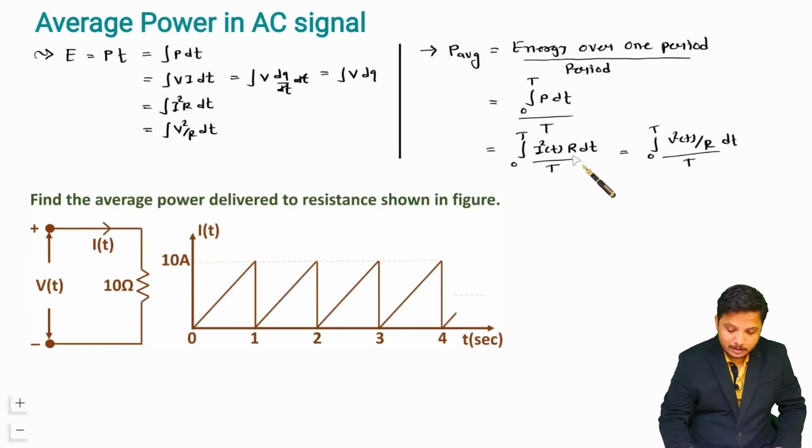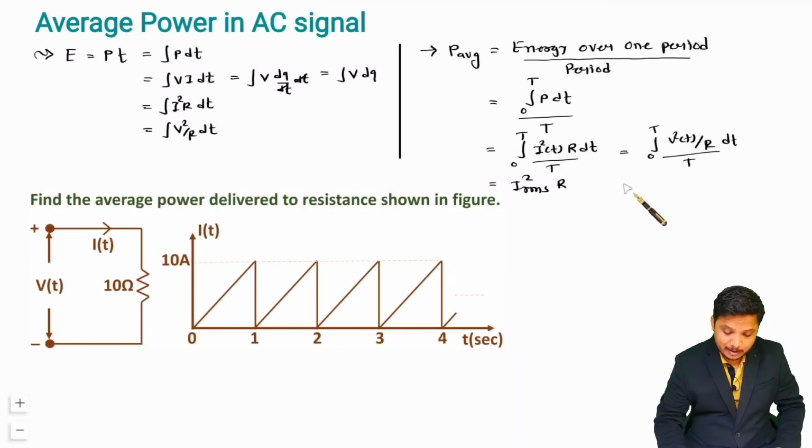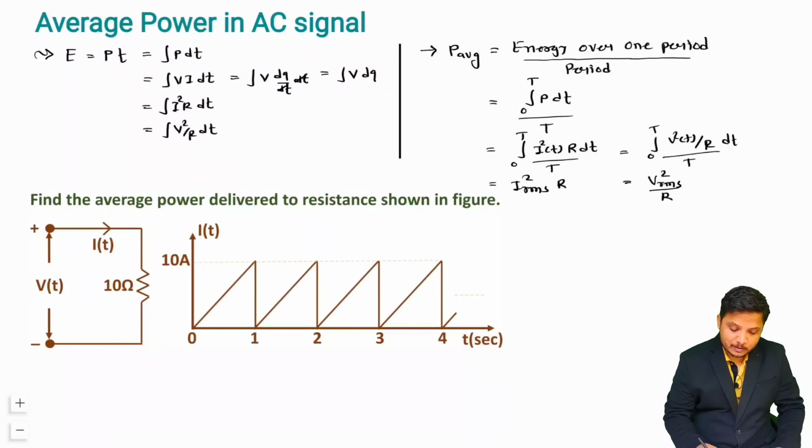Now integration of I square t dt over 0 to T divided by T is I RMS square, so average power is I RMS square into R. Similarly, integration of V square t dt over 0 to T divided by T is V RMS square, so average power is V RMS square divided by R. These are the basic formulas that you should remember to calculate average power, right?